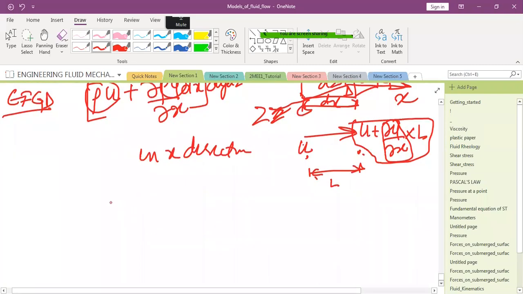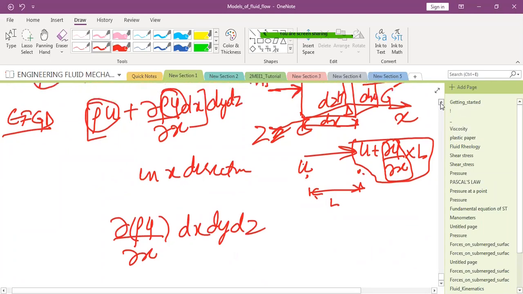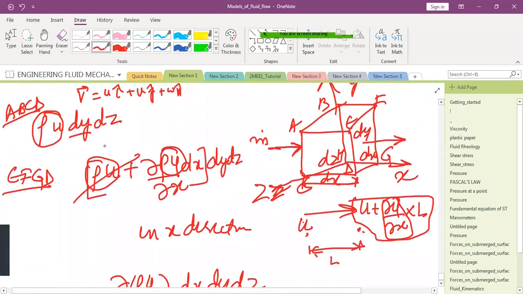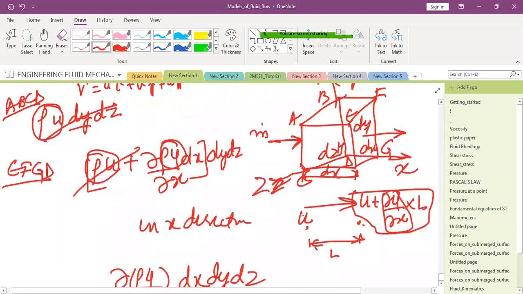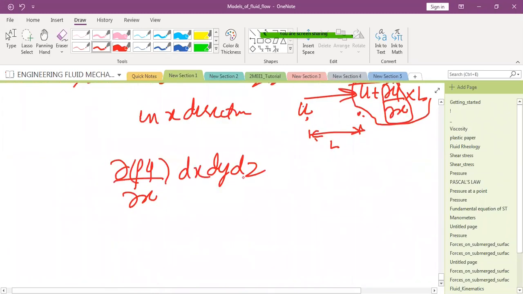नेट एग्जिट इन x डायरेक्शन इज करली रो u बाय करली x dx dy dz, क्योंकि ये दोनों कैंसिल हो गए आपस में, this has got cancelled with this, so you are left with curly rho u by curly x dx dy dz. So this is the efflux in x direction. Likewise you can have efflux in y and z directions.